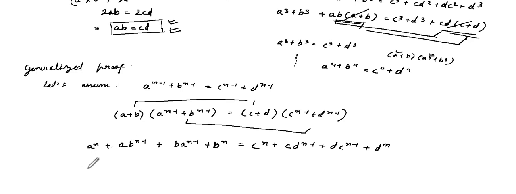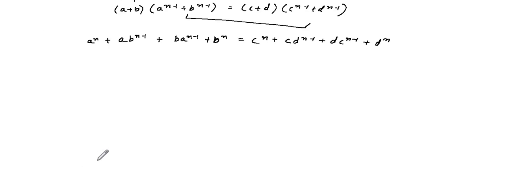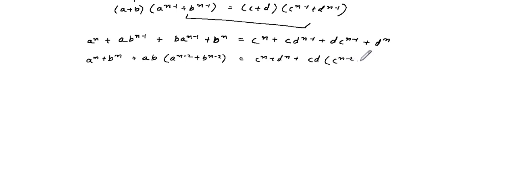Now if we do some rearrangement here, we will get something like a to the power n plus b to the power n. Now we can take ab as common, a to the power n minus 2 plus b to the power n minus 2, is equal to c to the power n plus d to the power n plus cd multiplied with c to the power n minus 2 plus d to the power n minus 2.